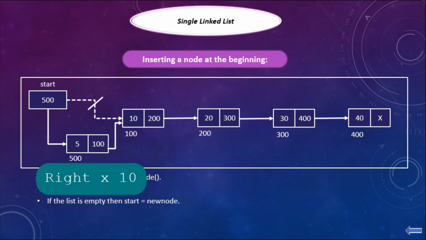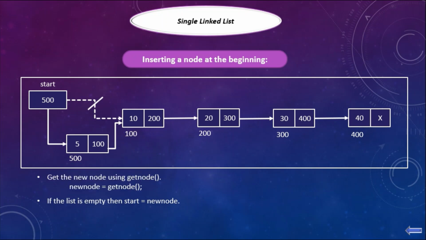If the linked list is empty, it means the start pointer is initialized with the value null. Then, if the list is empty, we are going to initialize the start pointer with the new node, which means we are providing the address of the new node into the start pointer.